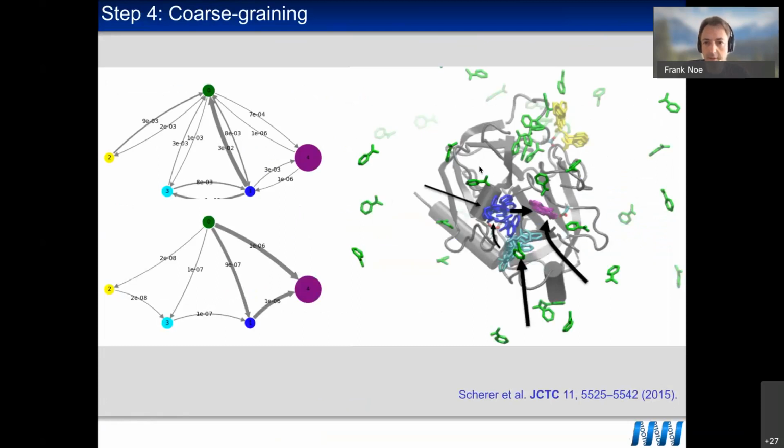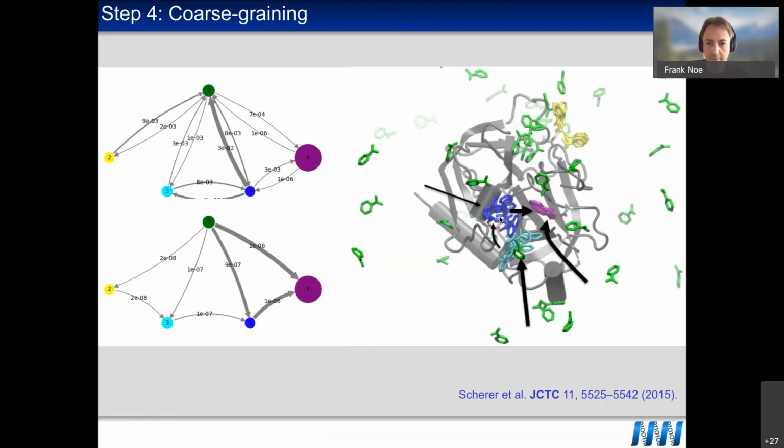Okay, so here are certain examples. This is from a protein simulation of ligand binding to a protein, benzamidine to trypsin. Benzamidine is an inhibitor of trypsin. And here is a coarse-grained transition matrix. We computed a Markov state model with more states than these 5 states, but then collected all the states that belong to the same metastable set to have an easier way to visualize what's going on.